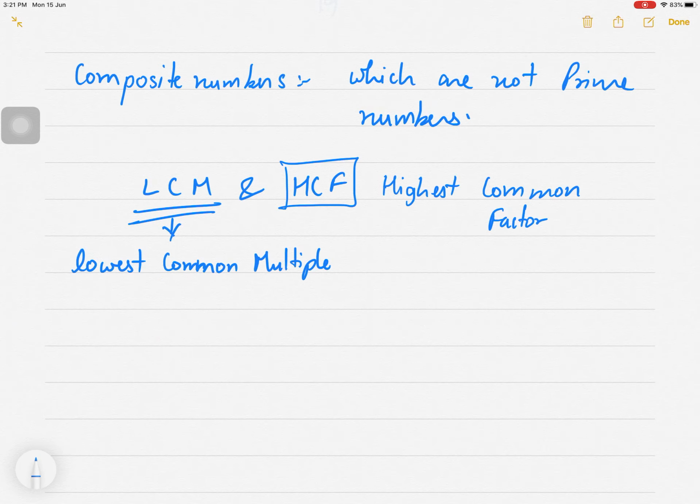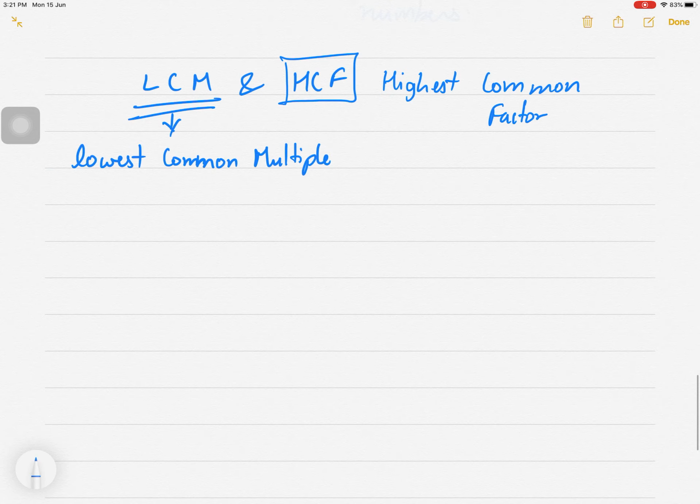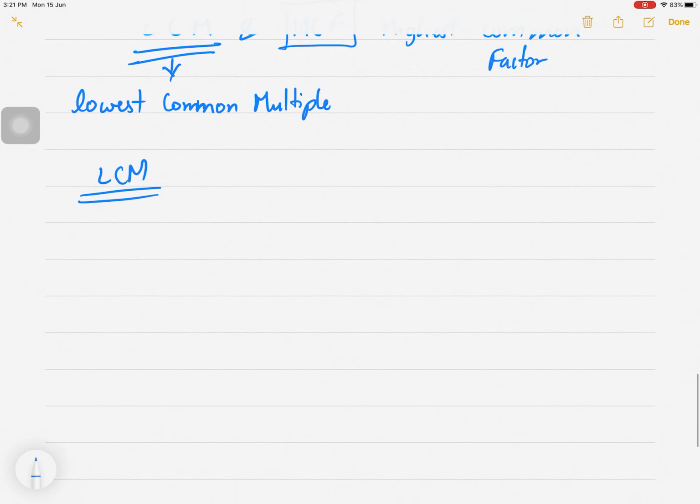Okay. So let's calculate LCM first. Lowest common multiple. There are two methods to calculate LCM. One is the prime factorization method and the second one is the division method.